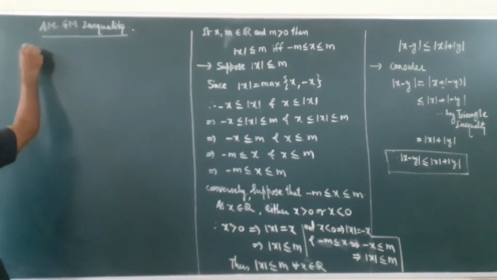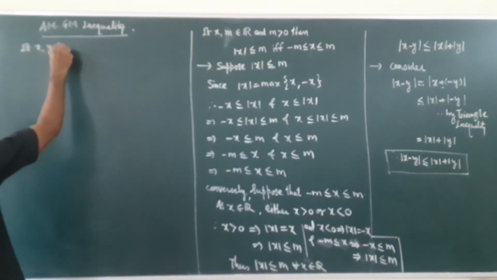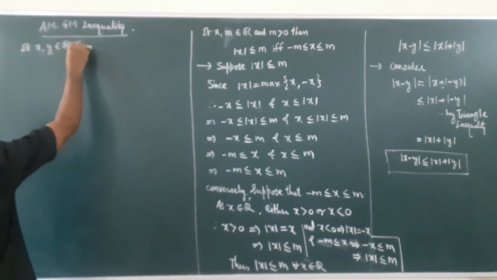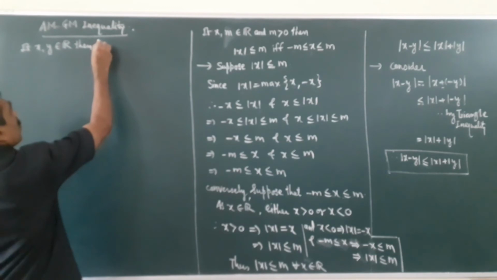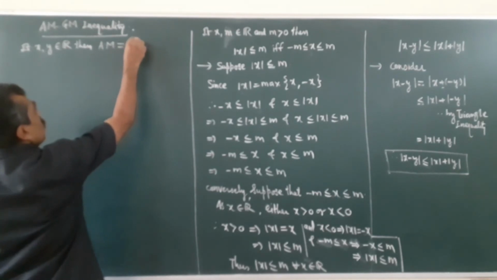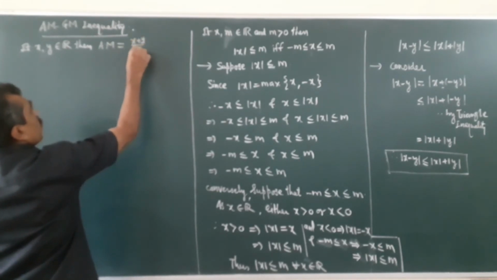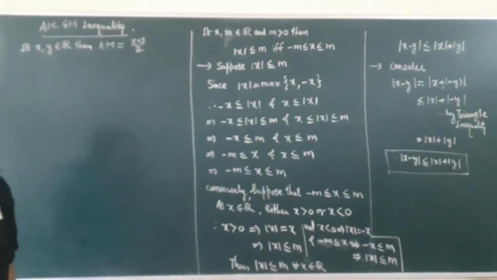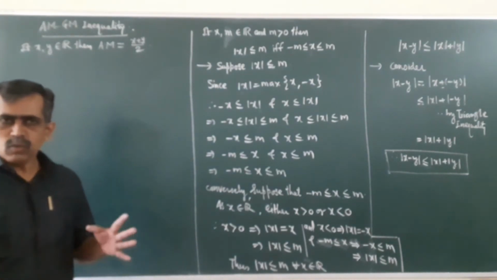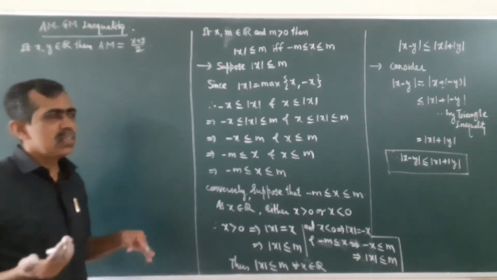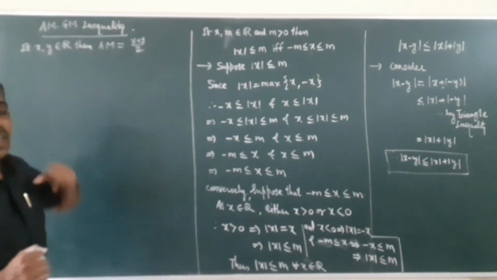If x, y belong to R, any two real numbers, then the arithmetic mean of x and y is equal to x plus y upon 2. Arithmetic mean of x and y is the sum of the 2 divided by 2, the sum of 3 divided by 3; it is the average of any real numbers.